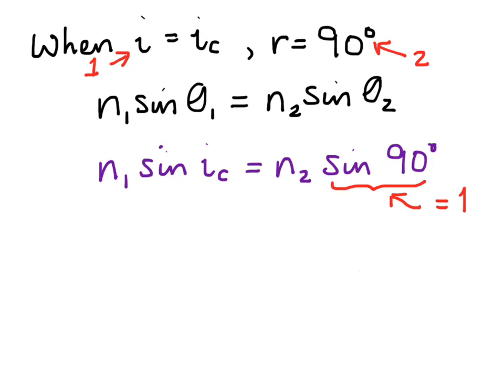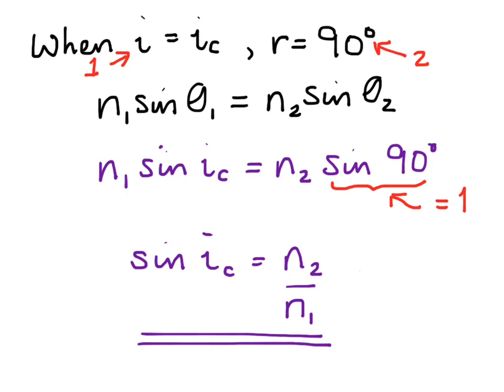And of course sine of 90 degrees is actually equal to 1. So we rearrange it and put those values in. We get sine of IC equals n2 times 1, so that disappears, and the n1 goes underneath here. So we've got sine of IC is n2 over n1.